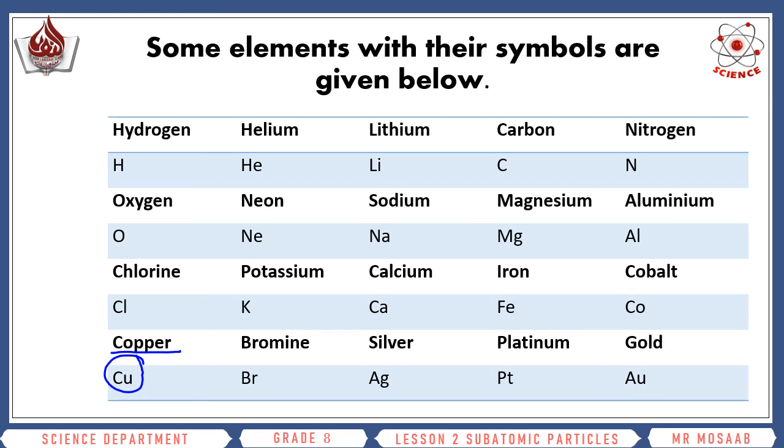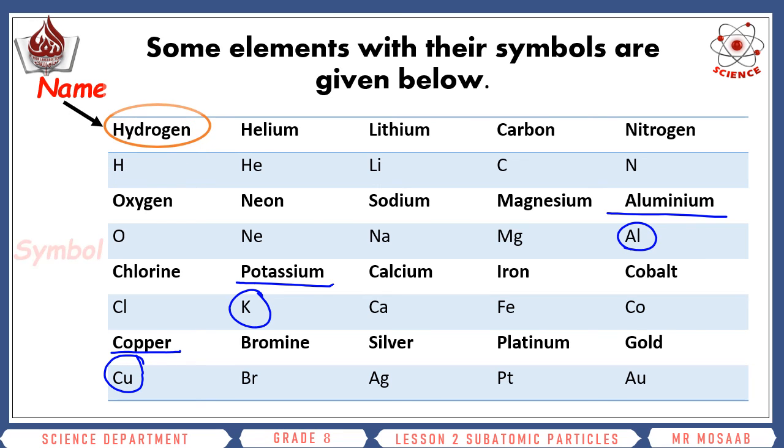Potassium, we said it before, one letter, K. Nitrogen, aluminum, Al, and so on. You must try to memorize them. Like here, the name hydrogen, and this is the symbol for hydrogen.